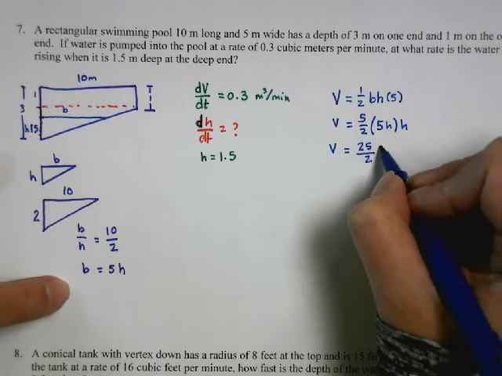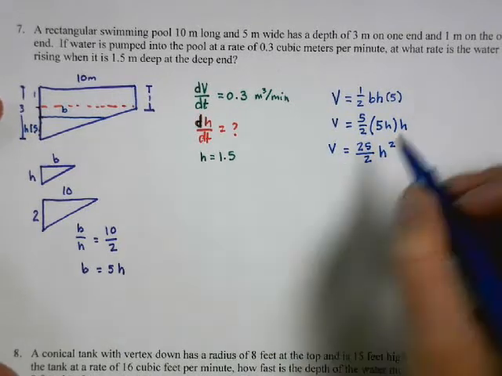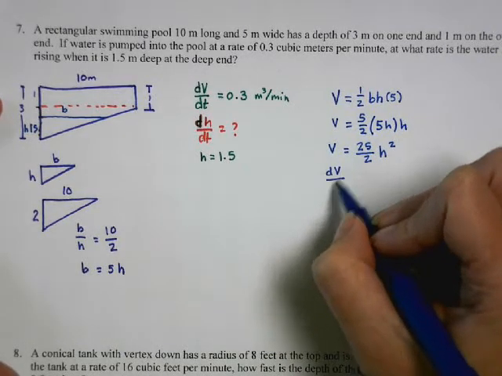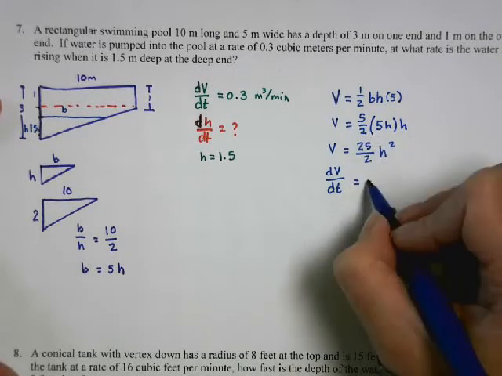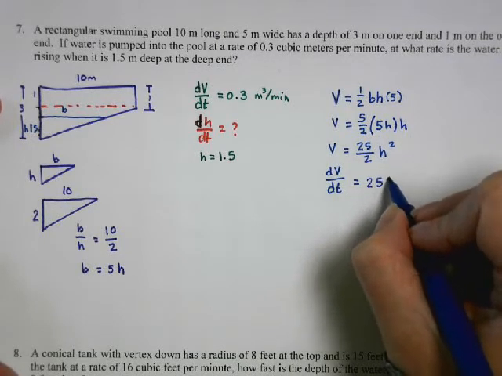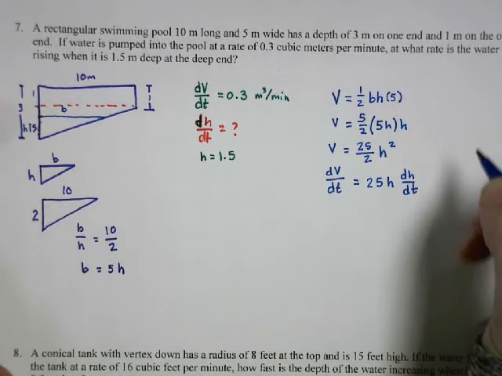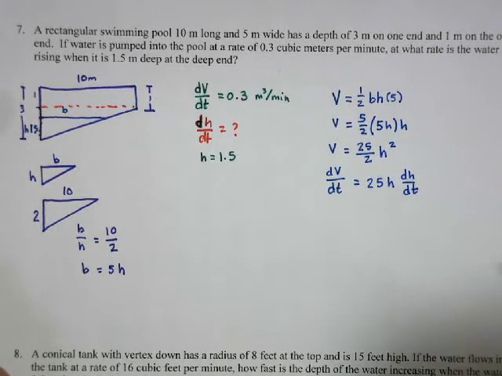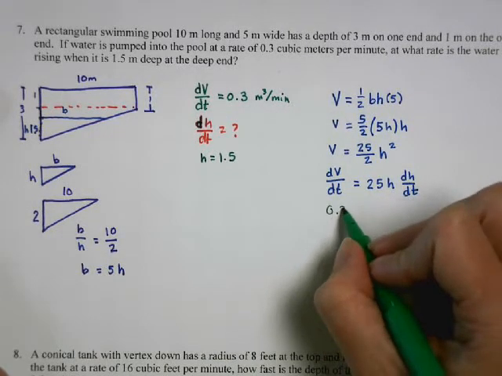Now I'll take the derivative, so dV/dt is going to equal 25/2 times 2, which is 25, H dH/dt. Fill in what we know, which is our volume is increasing at a rate of 0.3 when the height is 1.5.